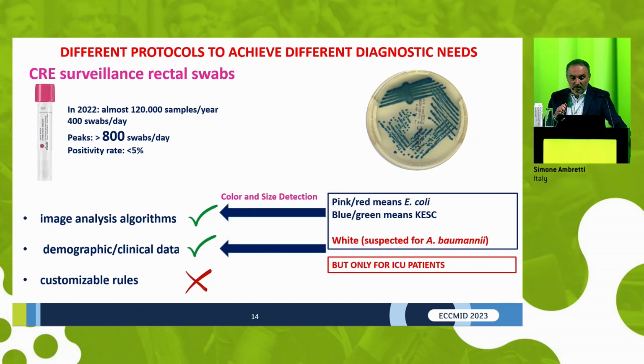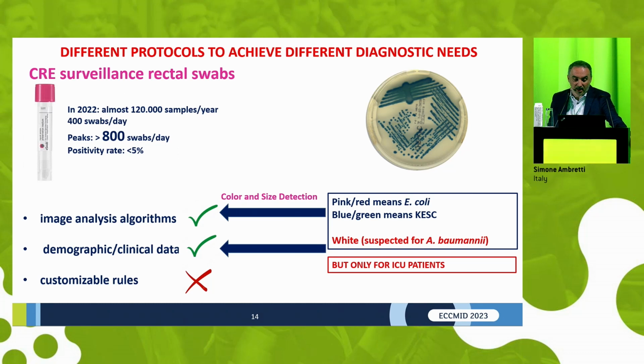The second protocol is represented by the CRE surveillance protocol, probably the most impacting protocol on our workflow because of the high numbers, with a daily mean of 400 swabs and peaks of more than 800 swabs a day, and a positivity rate lower than 5%.